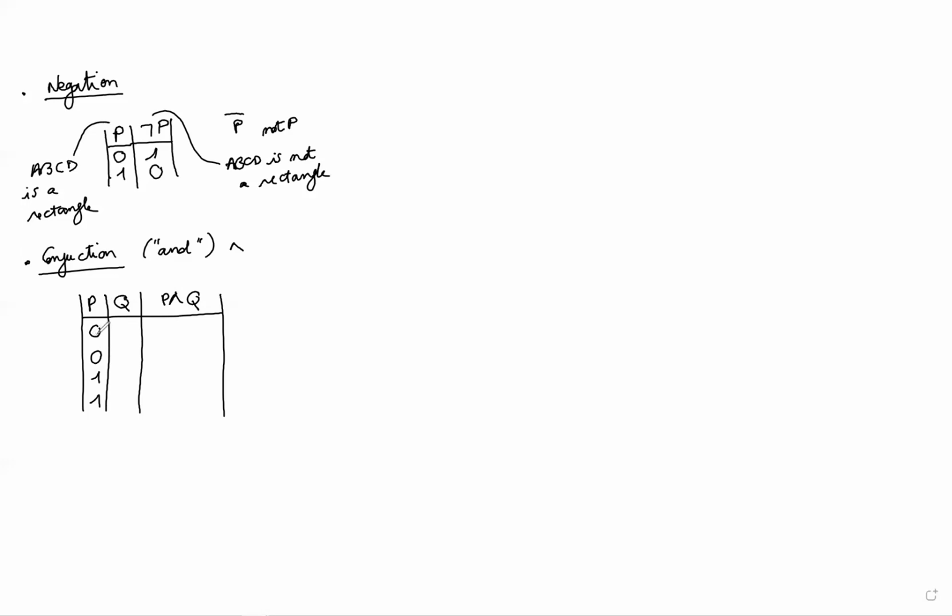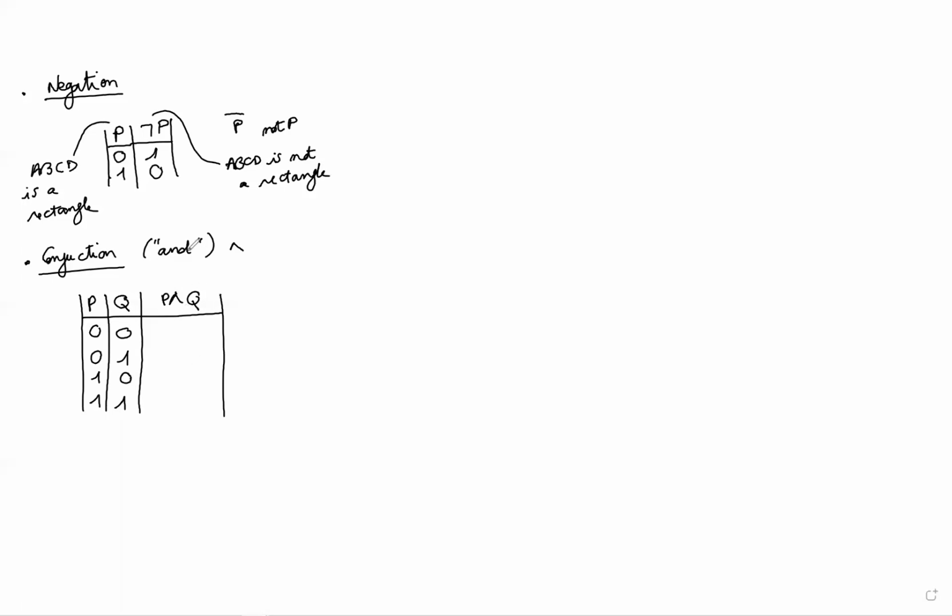So either P is false and Q is false, or P is false and Q is true, or P is true and Q is false, or P is true and Q is true. So every time you have two propositions like that, try to write the zeros and ones in the same order. It will help you compare different truth tables.